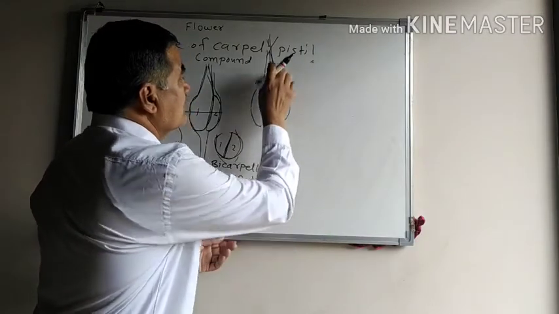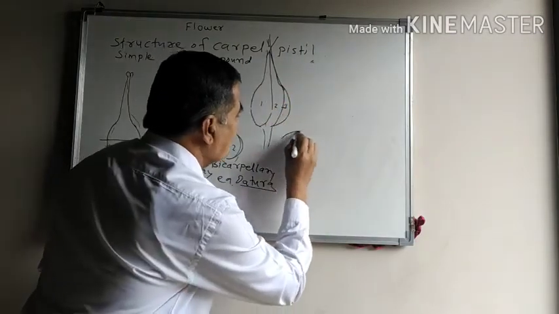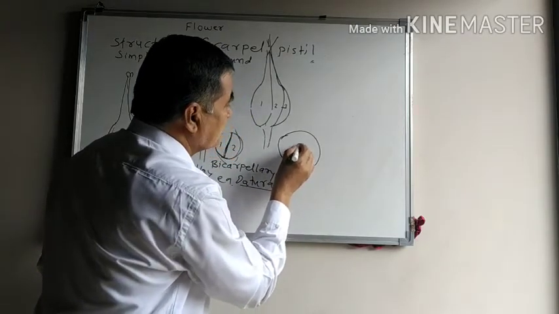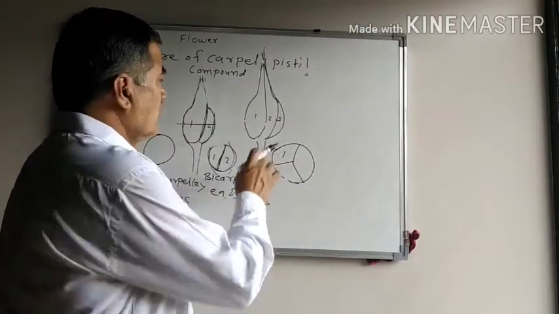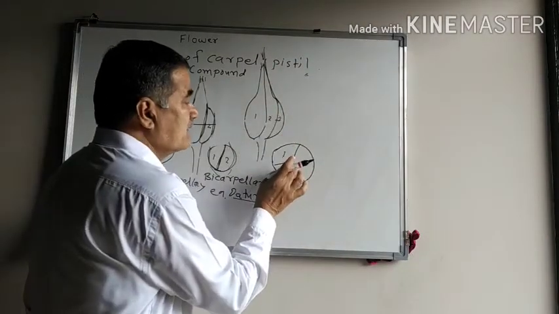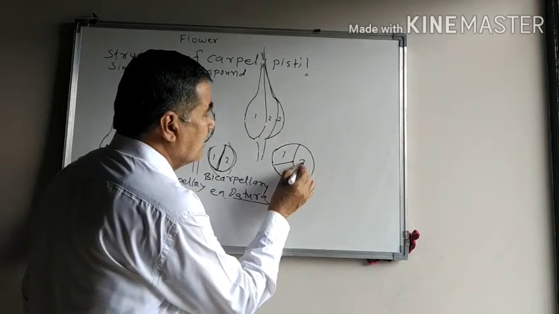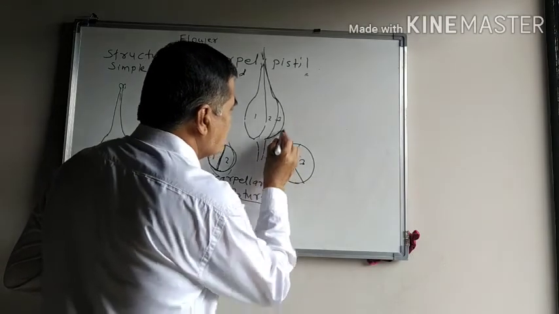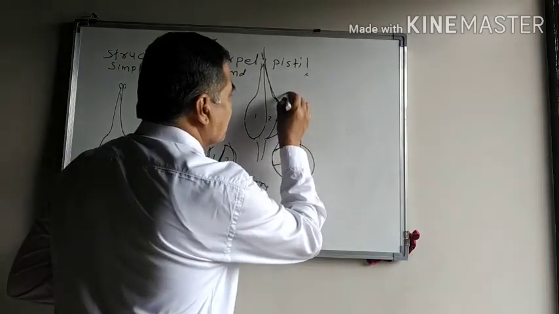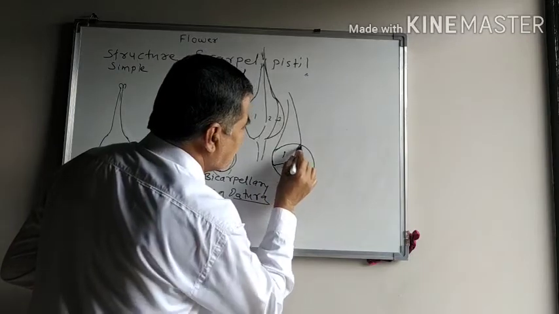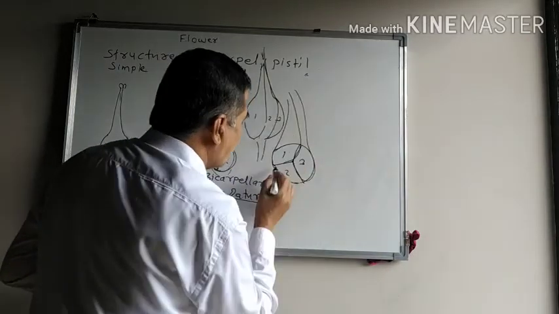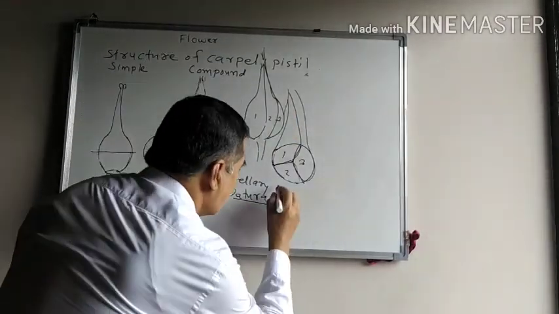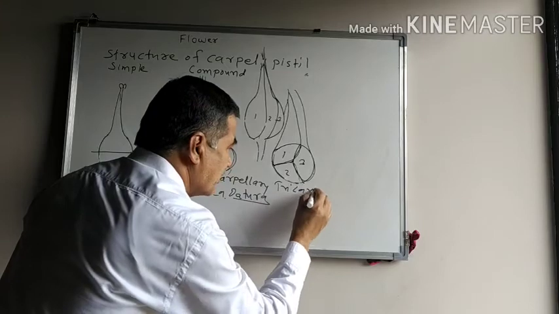If the transverse section of this ovary is taken, it shows a circular structure consisting of three parts. Ovary consists of three carpels, 1, 2, and 3. The margins unite to form a single carpel. This one is known as a tricarpellary ovary.